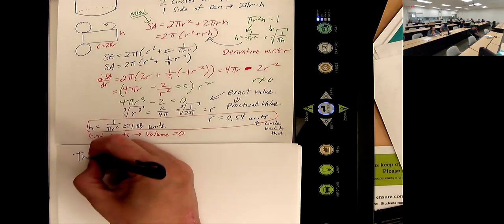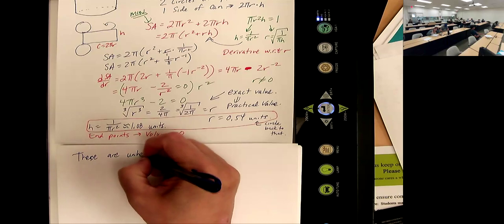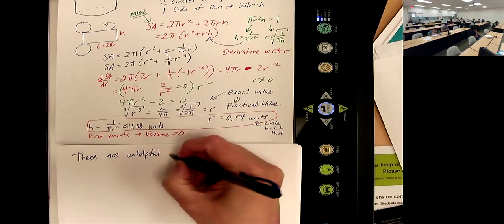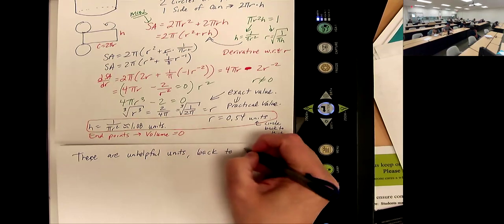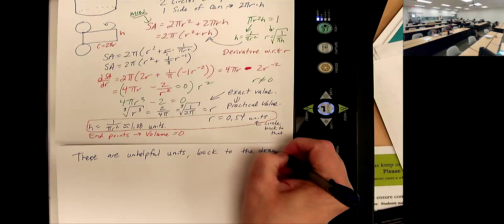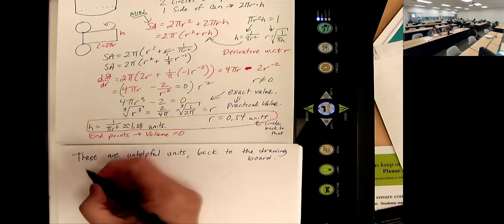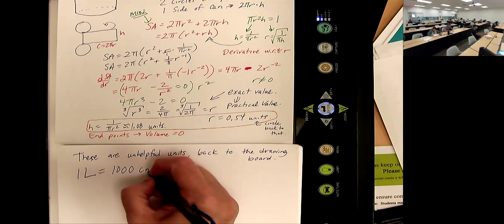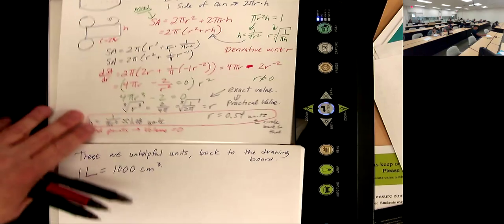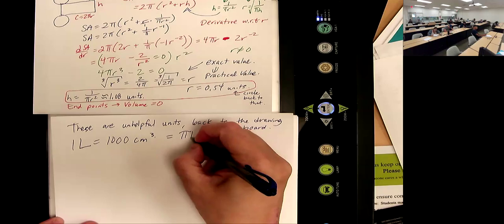These are unhelpful units. Back to the drawing board. One liter is 1,000 cubic centimeters, and that was pi r squared h.